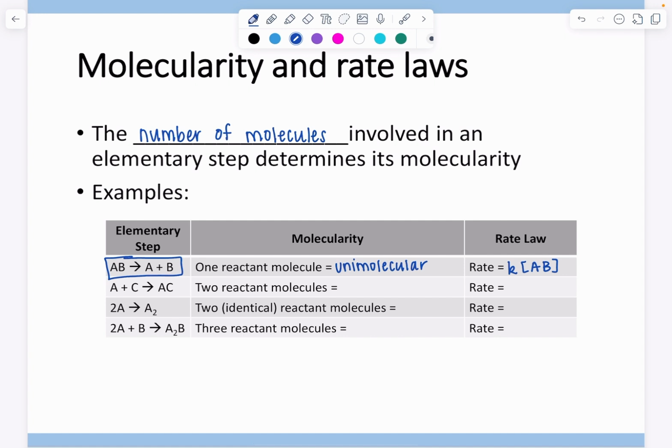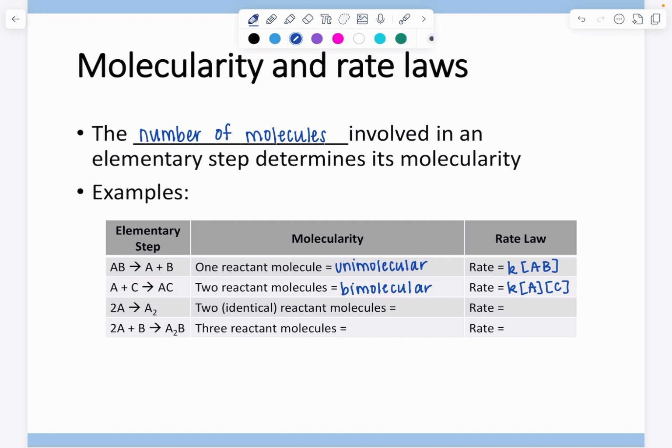If we look at the second row, we have A plus C forming AC. The main factor here is that there are two reactant molecules. That is a bimolecular reaction. And so the rate would be equal to K times the concentration of A times the concentration of C.